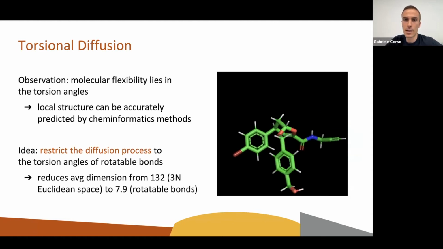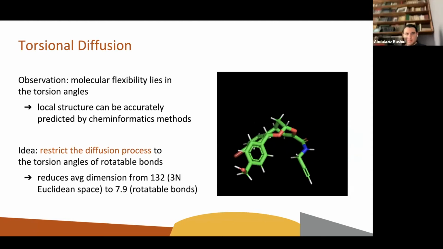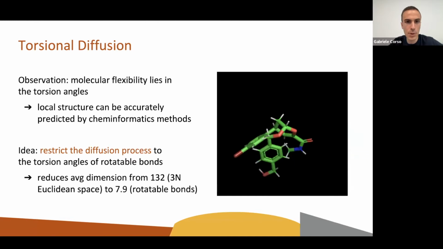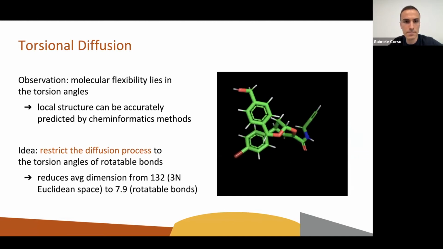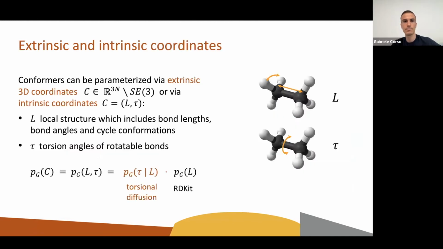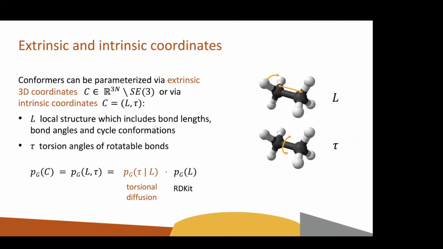All right. Okay, so with this, I'm going to give the floor to Bowen, who's going to introduce the method. Sure. Okay, thanks. To get into the formulation of torsional diffusion, we first recognize that the distinguishing property of the Euclidean diffusion approach that we talked about earlier is that it views conformers in terms of extrinsic coordinates.